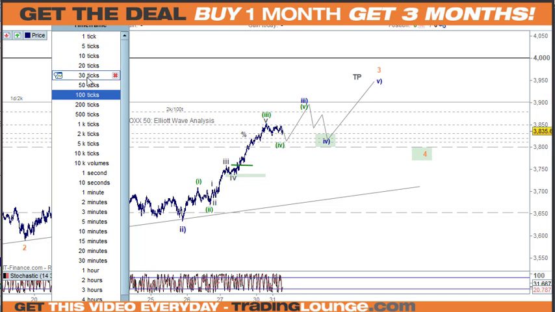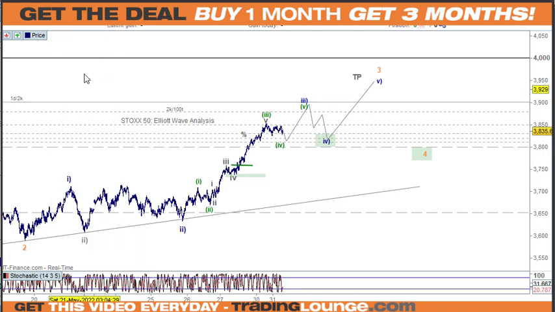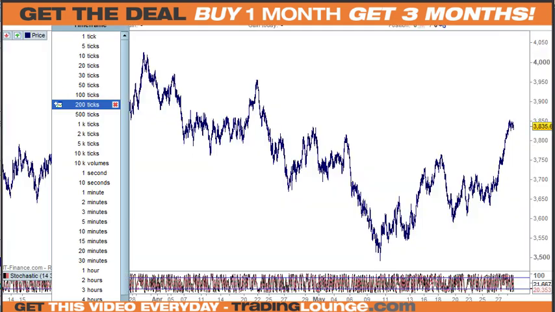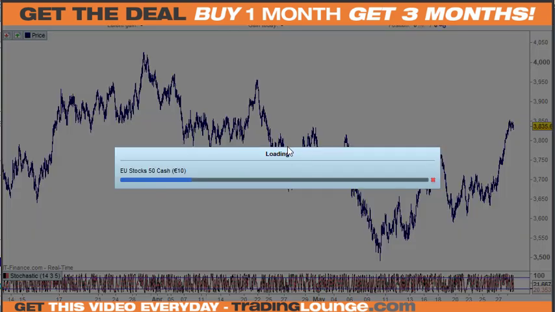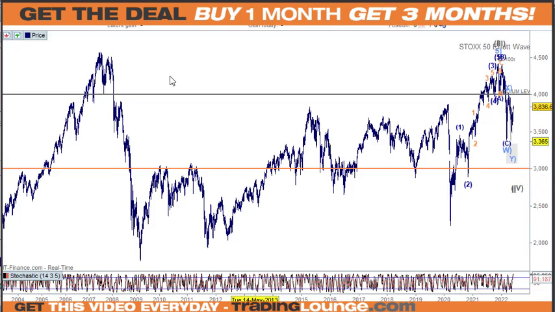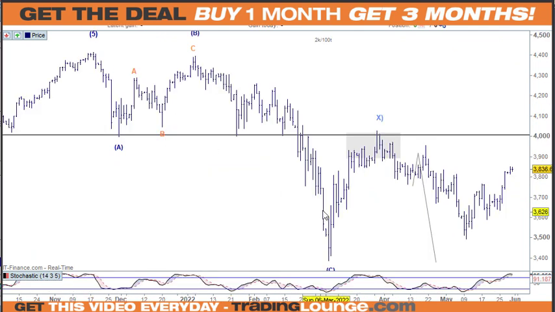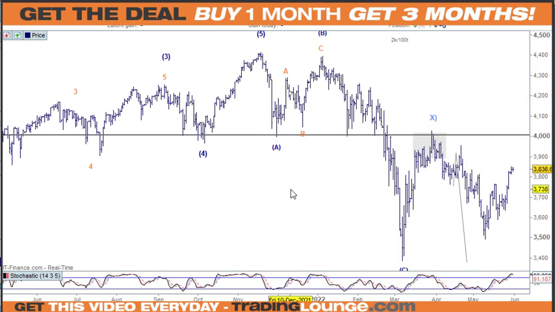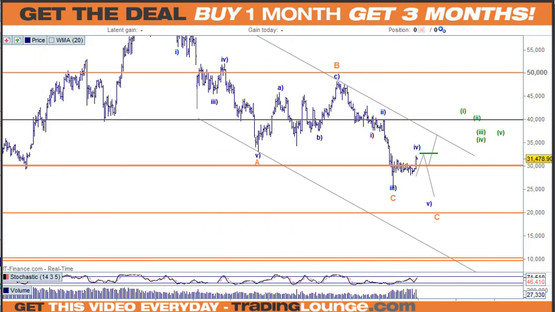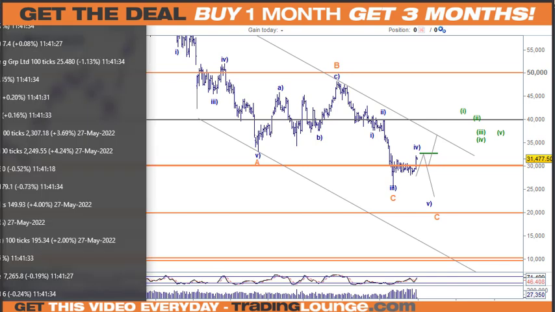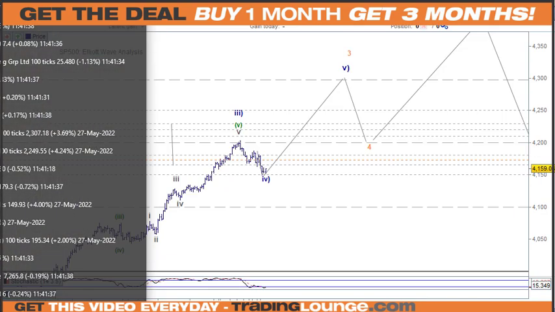Actually, what I'll do is we'll just look at this on the daily chart first, just so you know what we're up against here. I'm on the EU market here, that's not the one I want. It's the same pattern. This is the upside anyway, but let me bring up the S&P here, because I've got the bigger bearish count on here, and we need to be mindful of that.